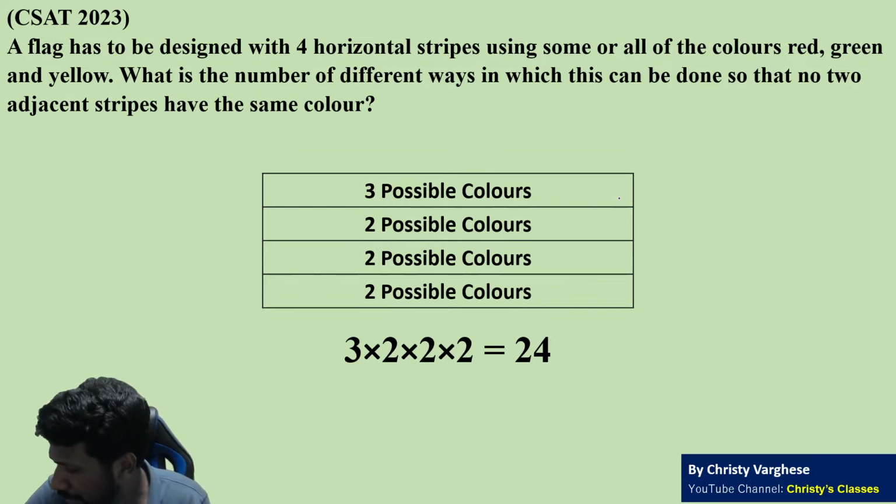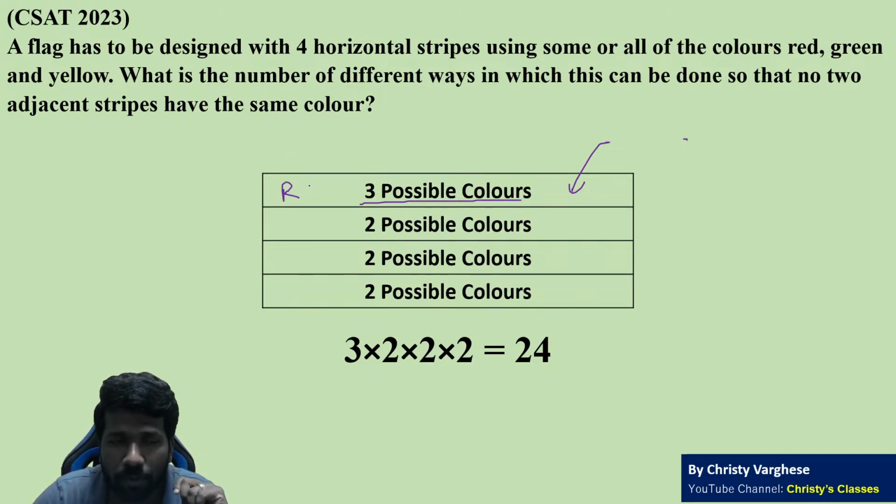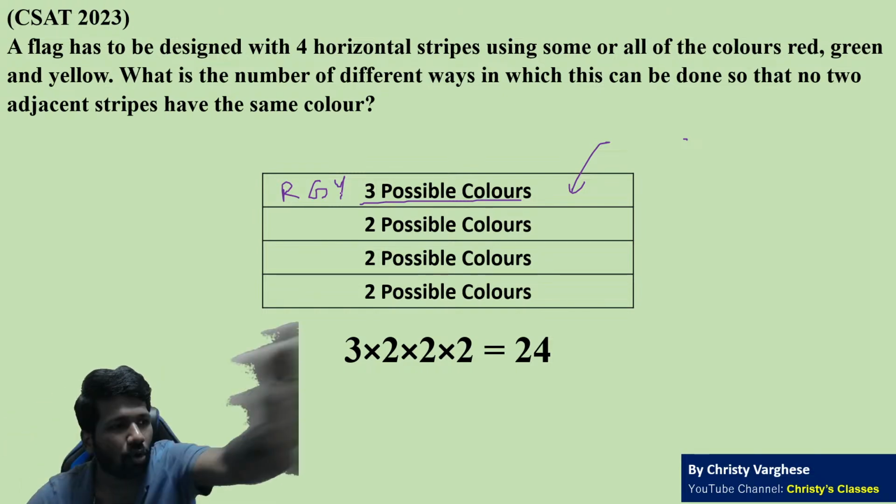So what you can do is start from an arbitrary position, this position. If you think about it, what all can you put? You can put a red, you can put a green, you can put a yellow. There is no restriction at all, right? Just like you go to a buffet dinner, you are the first person there, so you will see all the items.